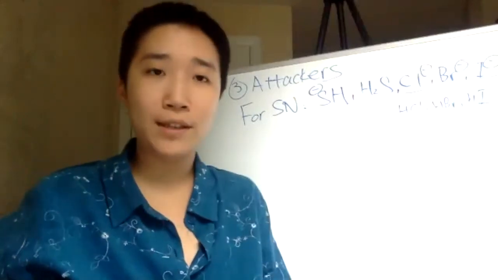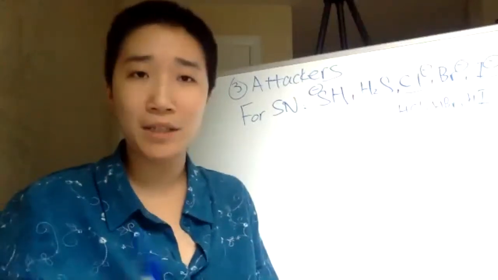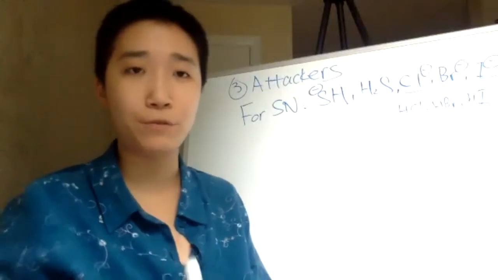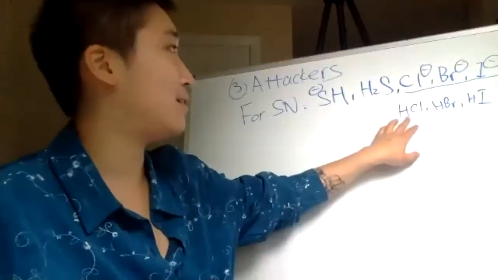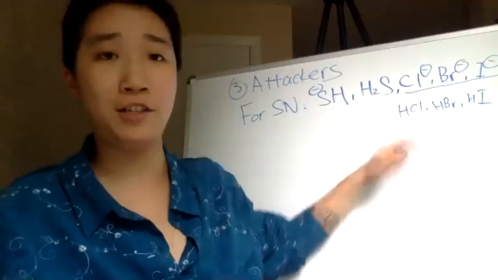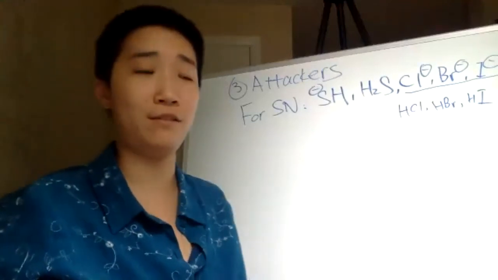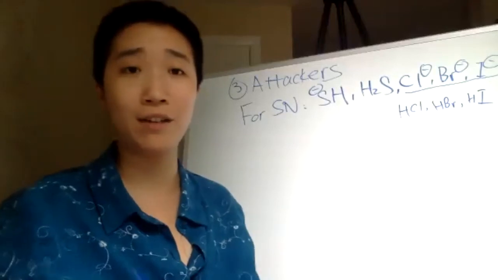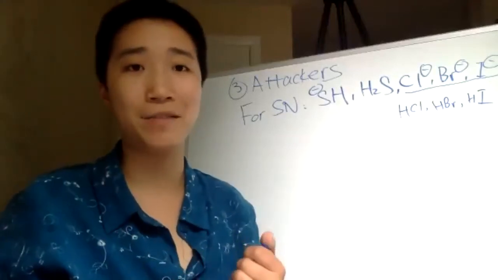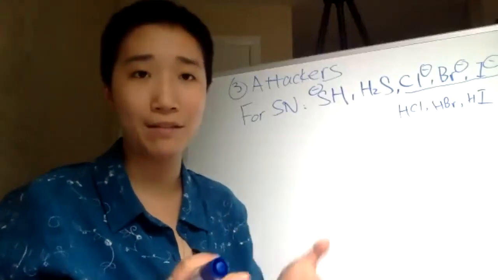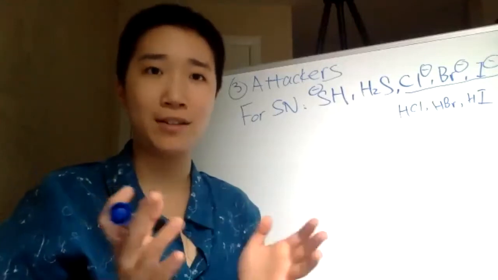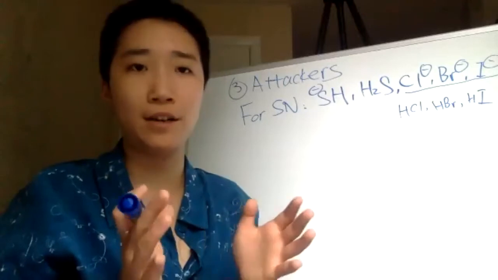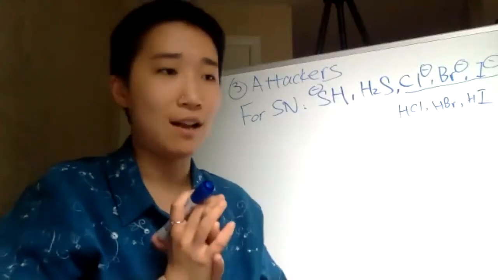Therefore, if you put them in water or some other solvents, they would prefer to fall apart. And it would be very difficult for Cl to grab another H and say, I'm just going to hang out with this H, I'm never going to fall apart. That's probably not going to happen unless you have a bottle of pure HCl. In that case, your H and Cl are probably forced to stick together.